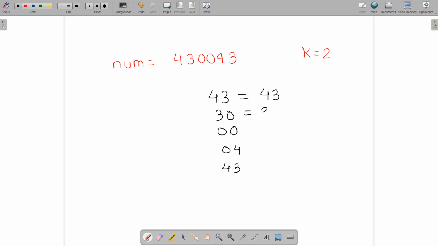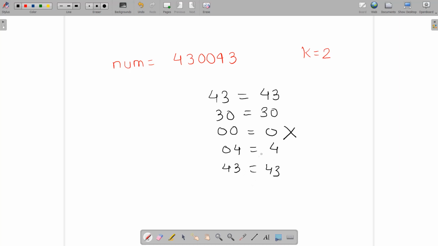So 30 will have the value 30. Now 00 has the value 0, and we are not going to consider 0 because 0 is not a divisor; dividing any number by 0 is not valid, it goes into infinity. And now we have 04, which is actually considered as 4, and again we have 43.